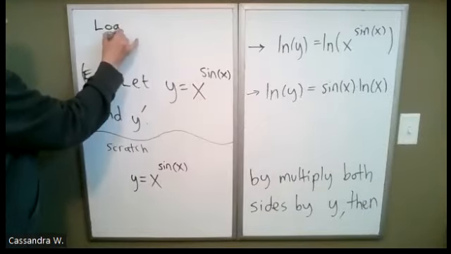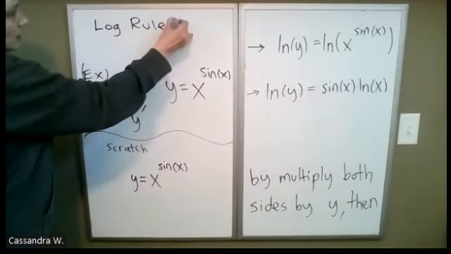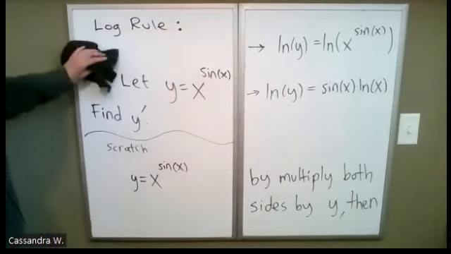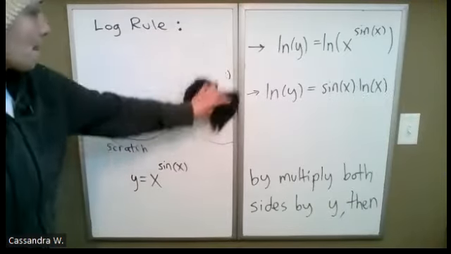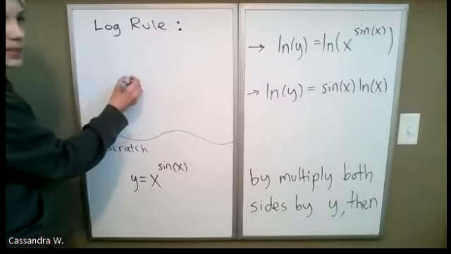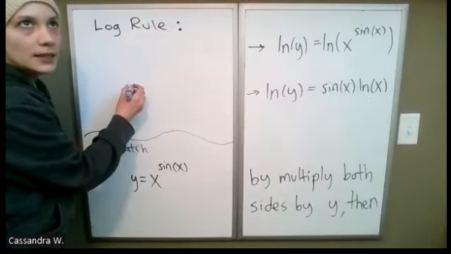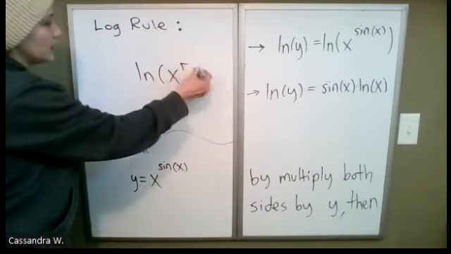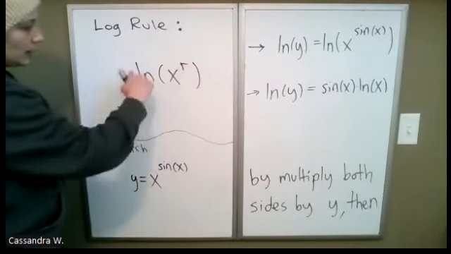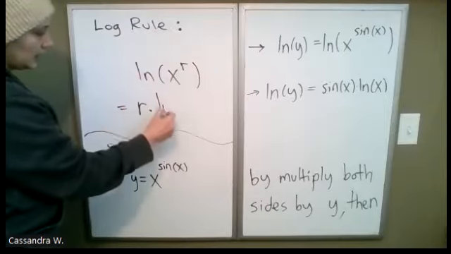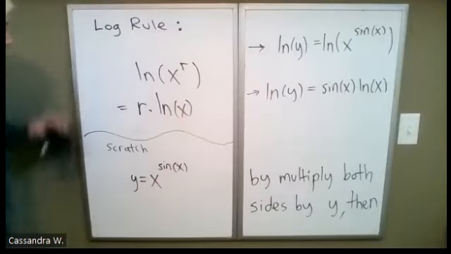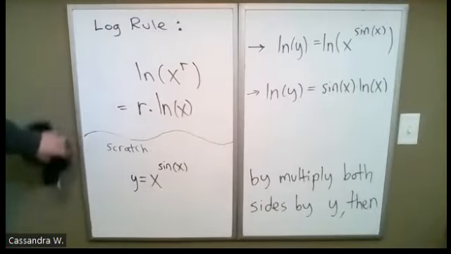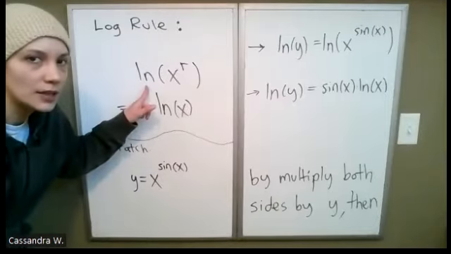Log. We talked about it being like ln of x to the r. That's what we said. Is r times ln of x. So this is a rule for logs.